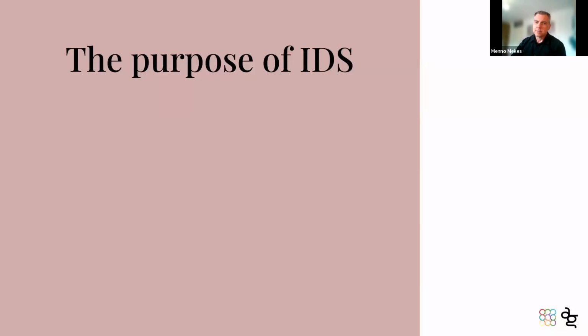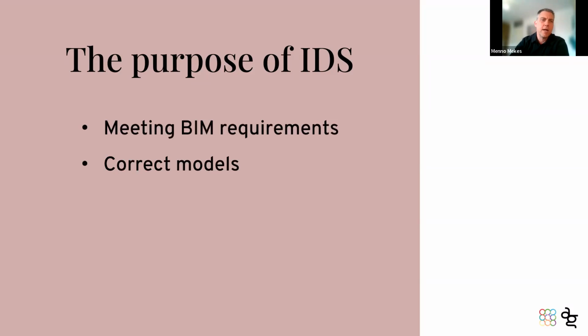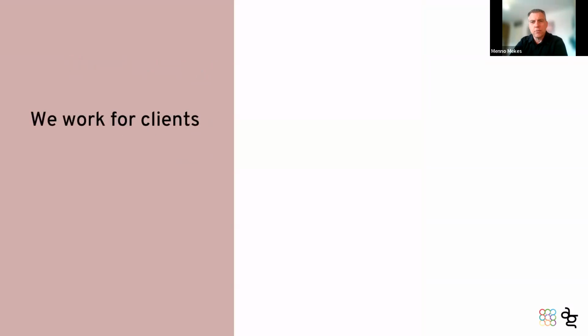Now back to IDS, or let's start with IDS. And even before I start explaining what IDS is, I'm going to tell you about the purpose. Because every output in the building industry benefits from consistent and correct information. So the purpose is meeting BIM requirements, correct models, data consistency, all that, you know what it is. But that's all fine.